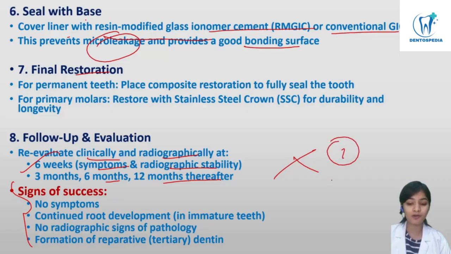Check for continued root development if the tooth is immature. There should be no radiographic signs of pathology, and there should be formation of tertiary or reparative dentine. You have to check for all these points, as these are the signs of success in the case of IPC.